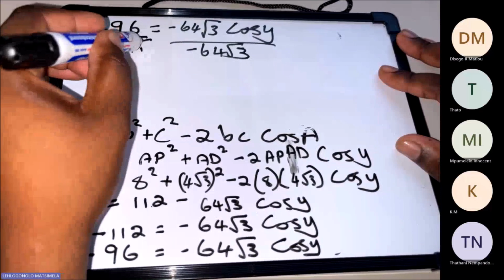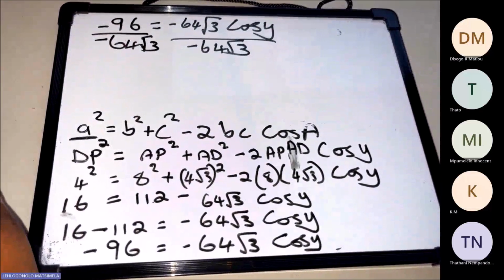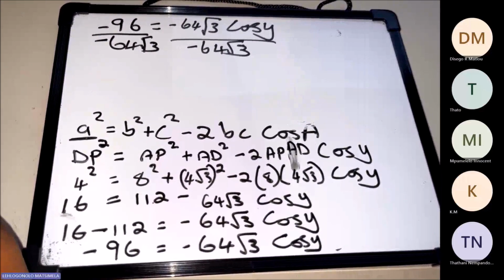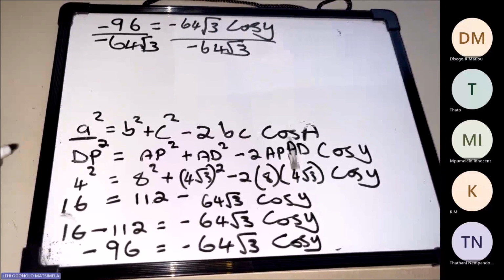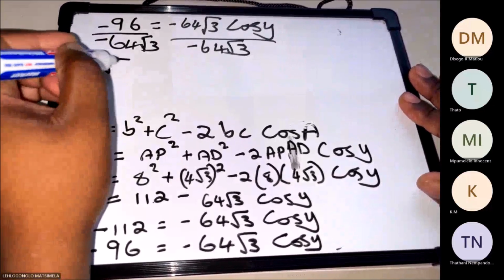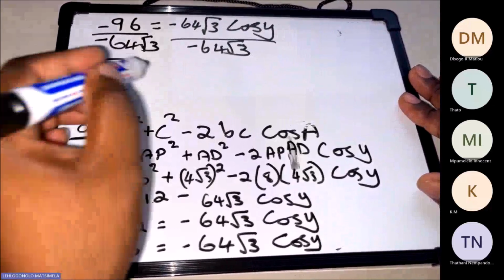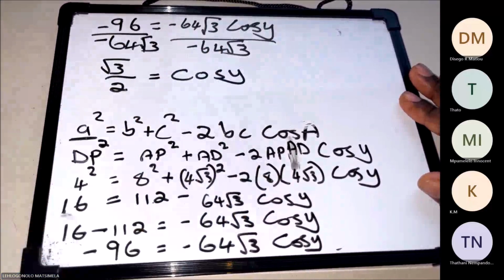So 96 divided by 64√3 gives me √3 over 2, which is equal to cos of Y.